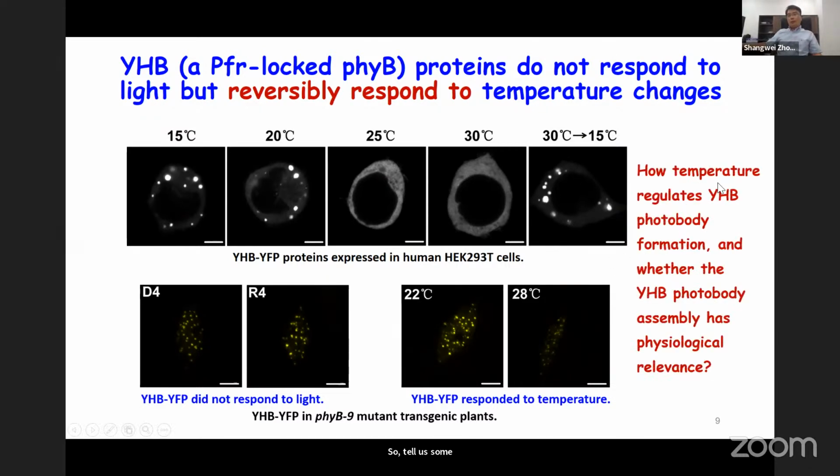First, how does temperature regulate YHB photobody formation? Because YHB is a Pfr form locked phyB, its protein activity cannot be regulated. So how can temperature regulate this photobody formation? Also, we still don't know whether this YHB photobody formation has a physiological relevance.